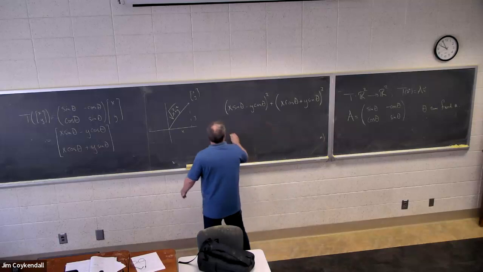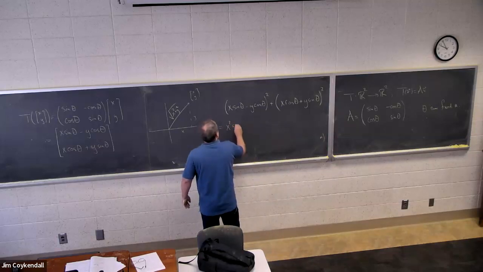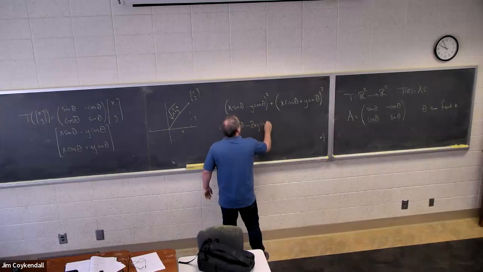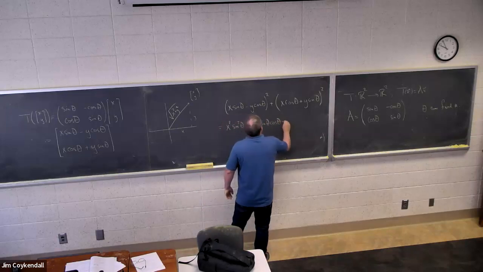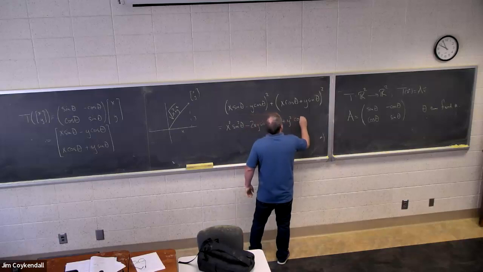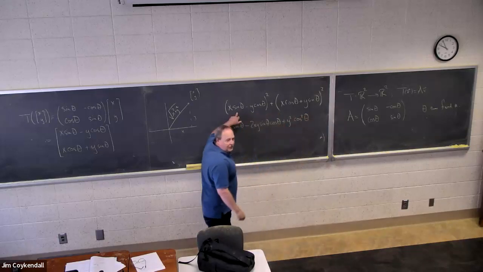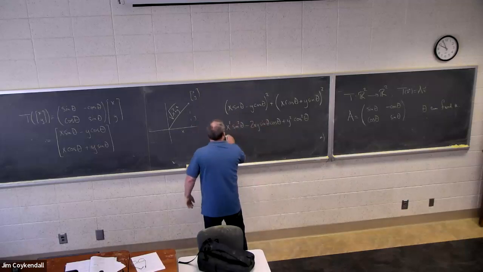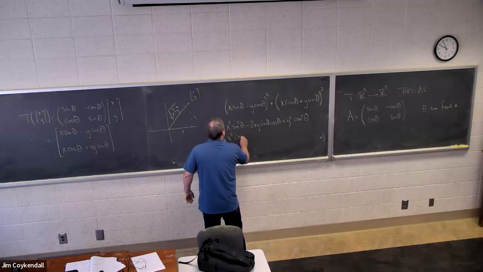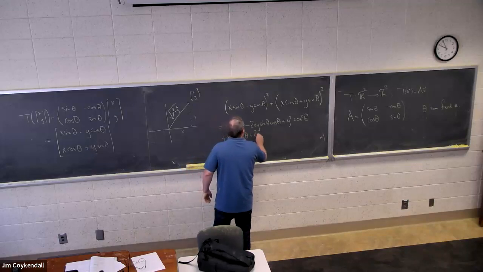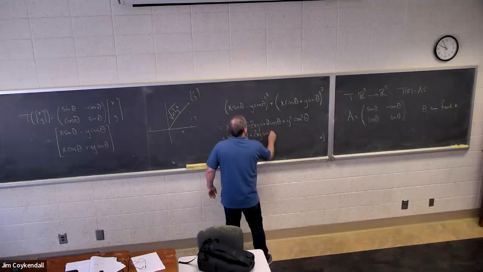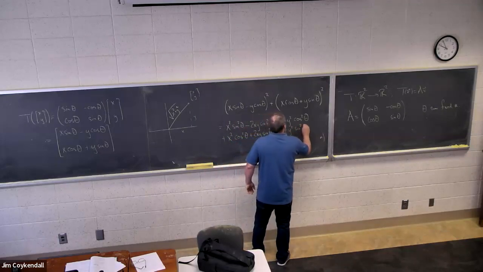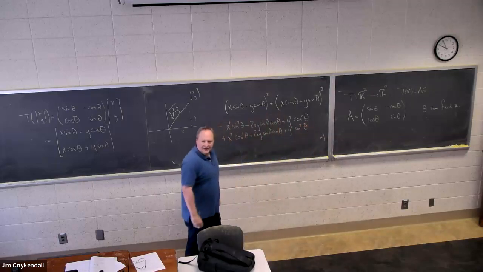What happens if I square this? It's x squared sine squared theta minus 2xy sine theta cosine theta plus y squared cosine squared theta. That's the square of the first. Agree? What's the square of the next? x squared cosine squared theta plus 2xy sine theta cosine theta plus y squared sine squared theta. Agree?